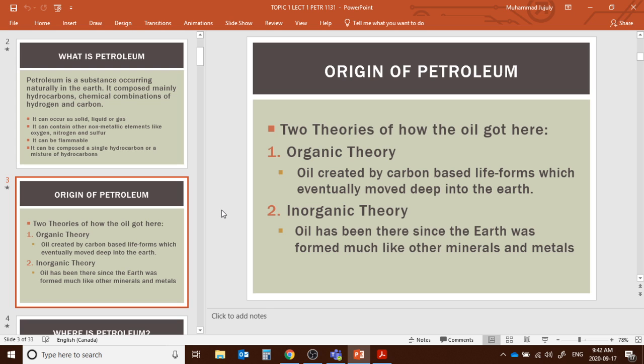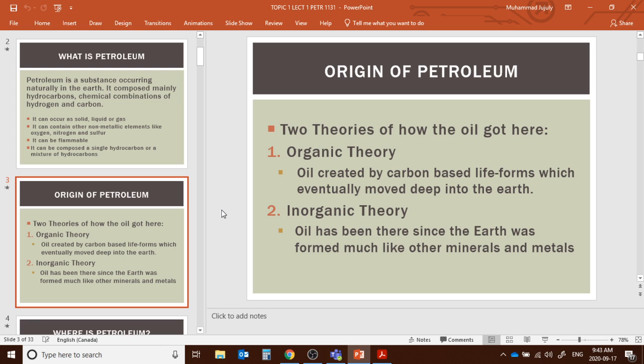And there is the inorganic theory too. It says the oil has been there in the earth, and it has been formed much like other minerals and metals. But the organic theory is the most convincing theory.